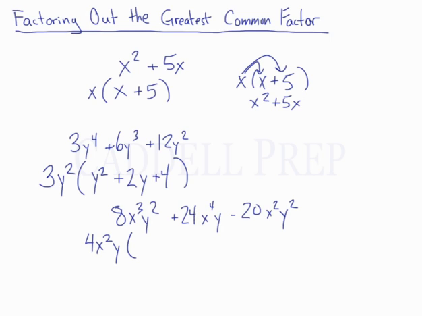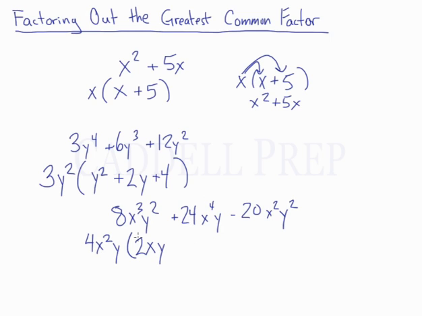And now we're going to divide each of these terms by this greatest common factor. 8 divided by 4 is 2. x cubed divided by x squared is x. We'll subtract exponents. y squared divided by y to the first is just y.